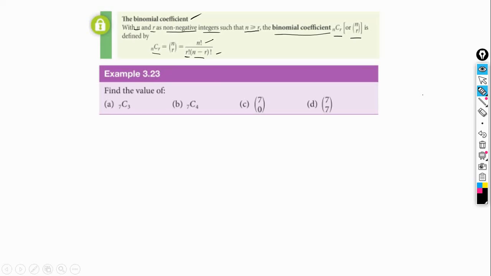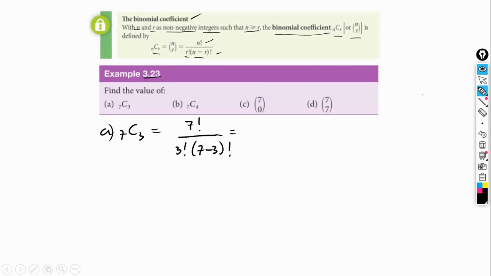So, for example, 3.23 part A, they say find the value of 7 combined with 3. So this is just the application of the above formula. So this would be the same as 7 factorial over 3 factorial times 7 minus 3 factorial.